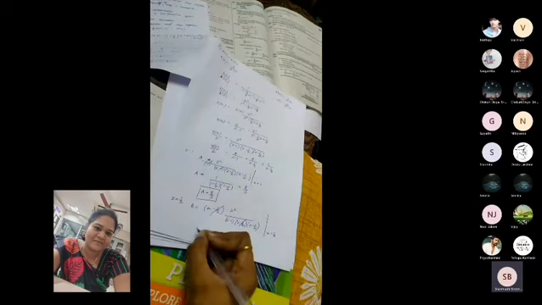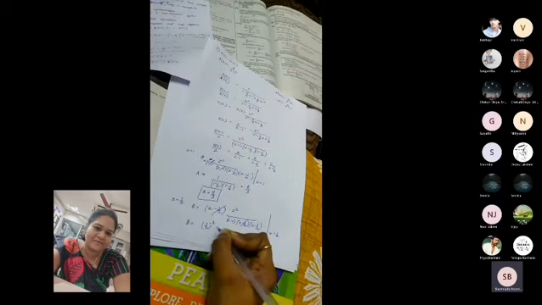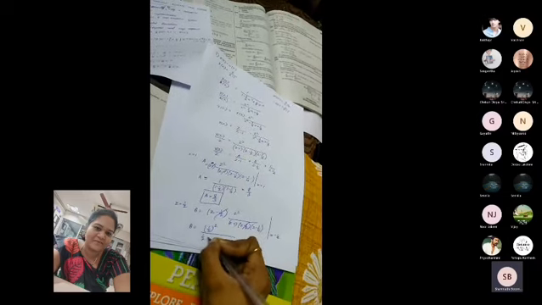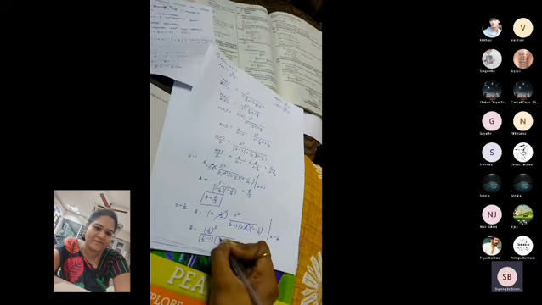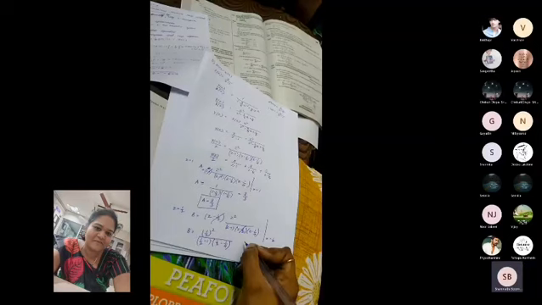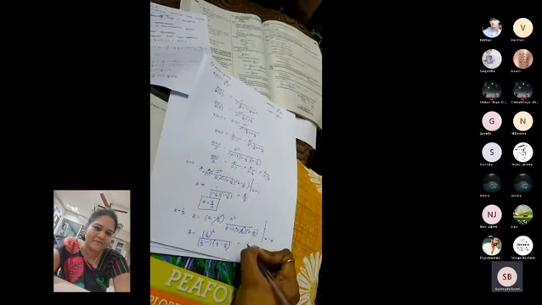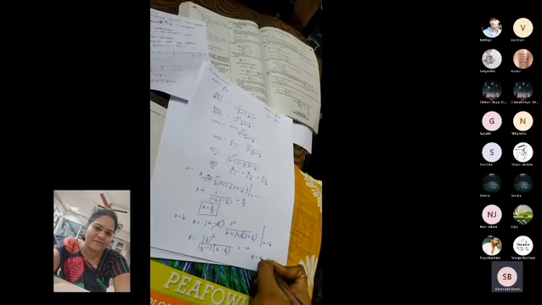This and this will get cancelled. You have to substitute the B value. B will be equal to 1 by 2 the whole square divided by 1 by 2 minus 1, 1 by 2 minus 1 by 4. And your B value will be equal to minus 2. If you simplify, you will get minus 2.